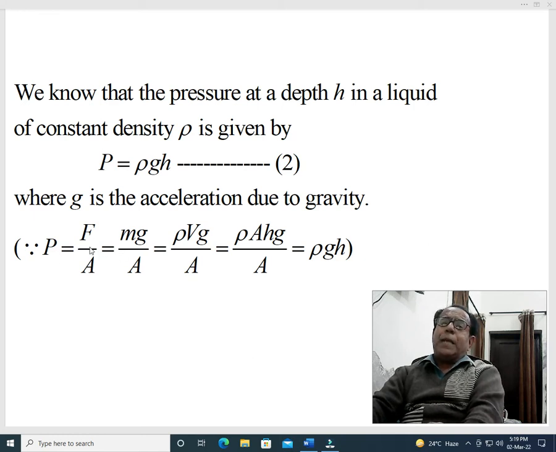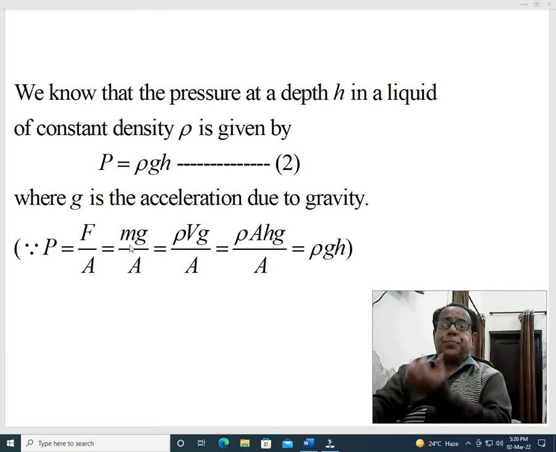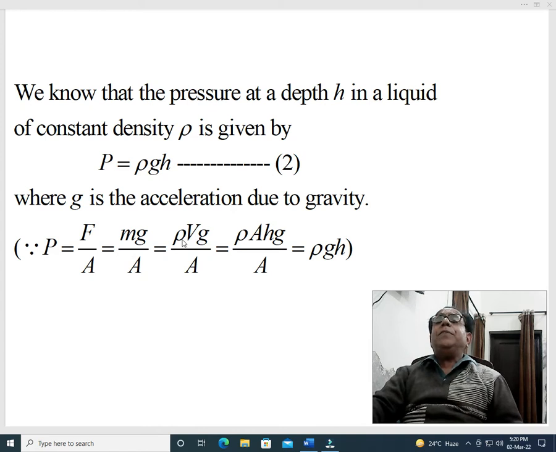So pressure becomes equal to mg over A. Now this becomes equal to rho into volume into g over A. We have not disturbed g over A, we have only replaced m with rho V.